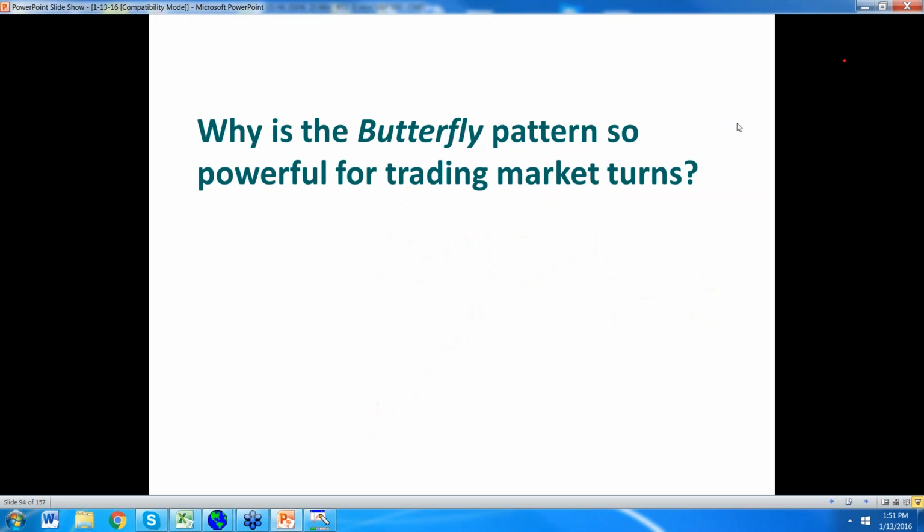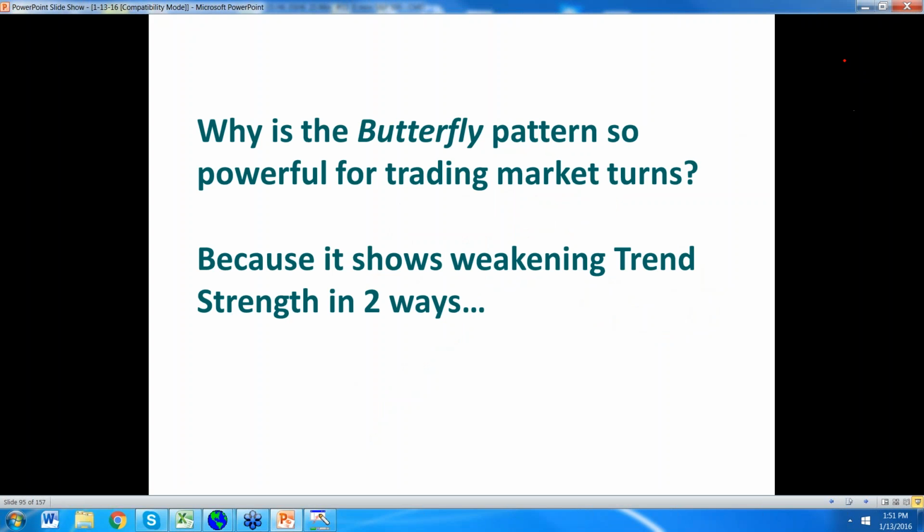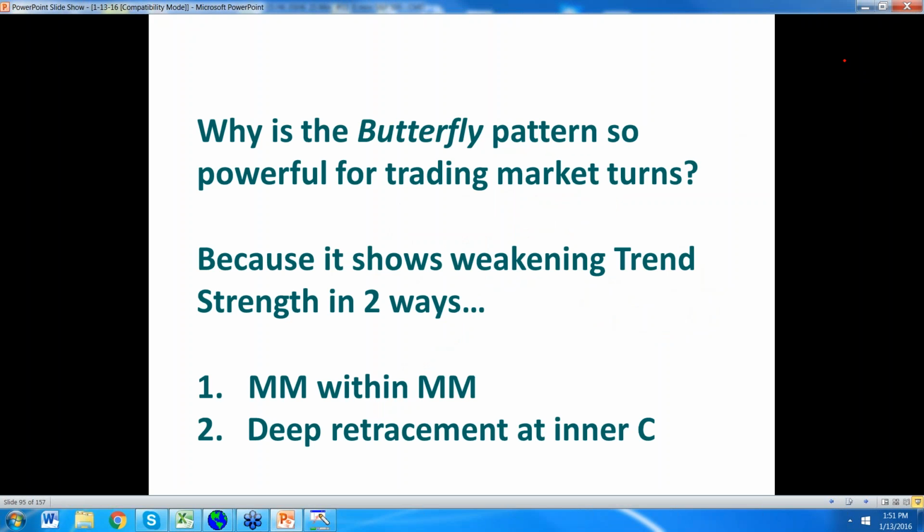All right, let's go. Now, why is the butterfly pattern so powerful in trading market terms? Again, the butterfly is one of my favorite patterns to trade, especially with a confirmed butterfly. Now why is it so powerful for trading market turns? Because it shows weakening trend strength in, again, 2 ways. Which 2 ways?